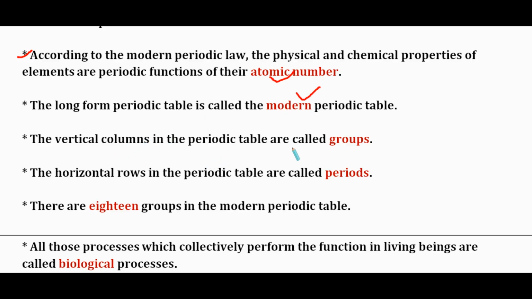The vertical columns in the periodic table are called groups. The horizontal rows in the periodic table are called periods. There are 18 groups in the modern periodic table. All those processes which collectively perform the function in living beings are called biological processes.